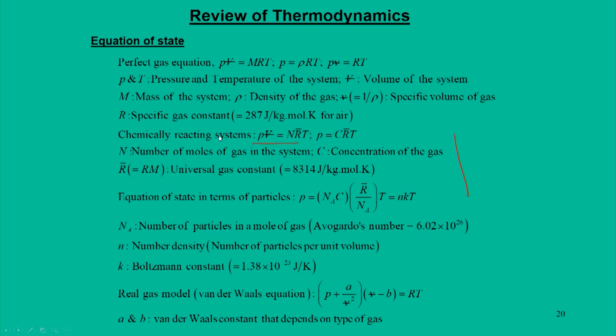That is called chemical reacting systems. PV is equal to N R bar T, instead of R we use R bar. N stands for the number of moles, whereas in the perfect gas equation it is m, which is the mass of the system. So, these are the three categories of analysis.